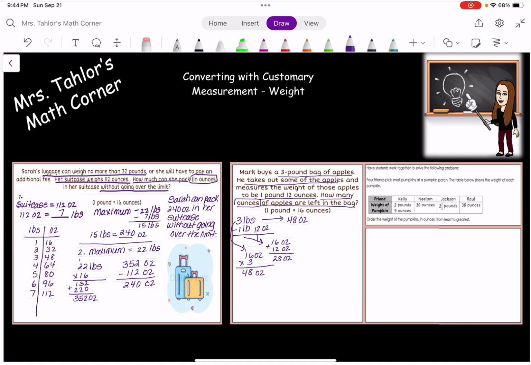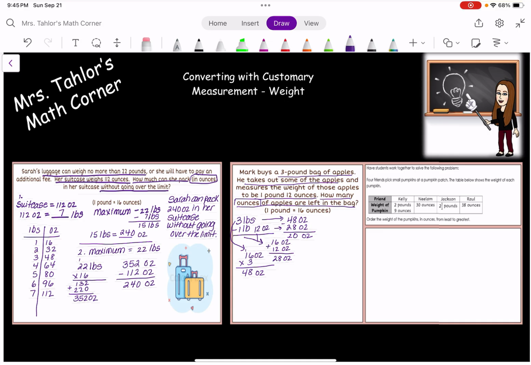So, 1 pound 12 ounces is 28 ounces. I need to subtract 48 ounces minus 28 ounces, and that leaves me with 20 ounces.